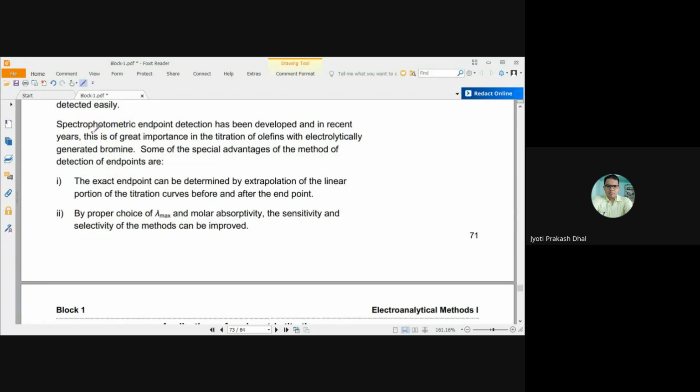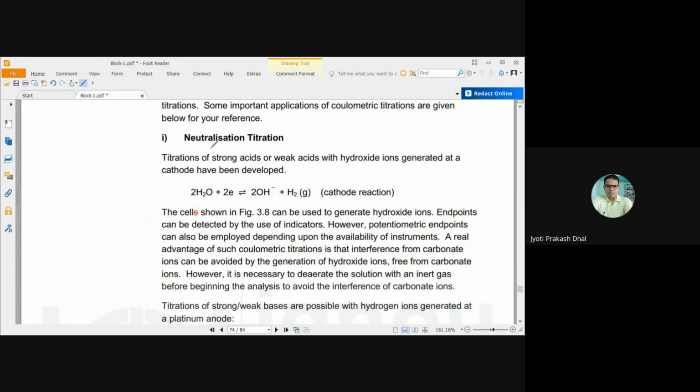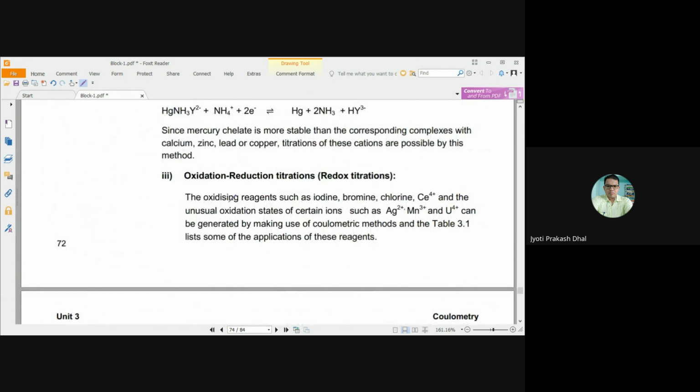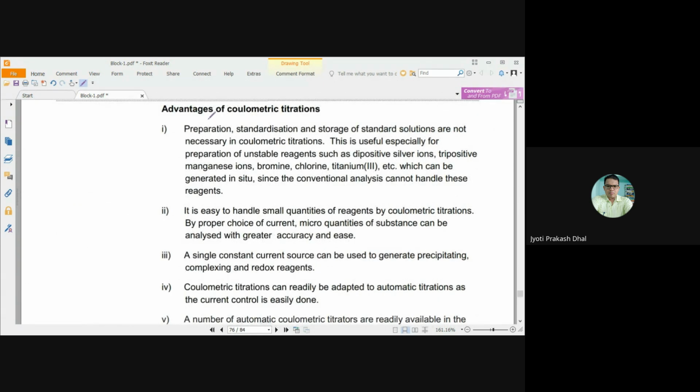So this is the spectrophotometric endpoint. Coming to the application of coulometric titration, it can be applied for neutralization titration, precipitation and complex formation titration, and oxidation reduction titration, that is the redox titration. And these are the advantages of the coulometric titrations.